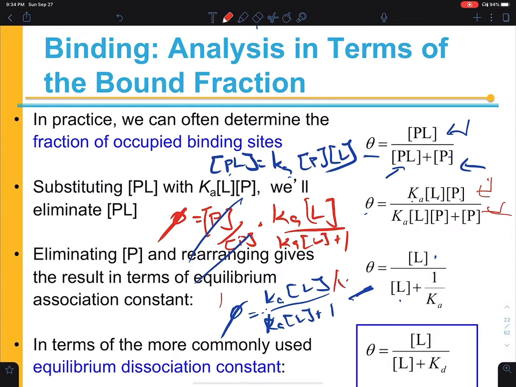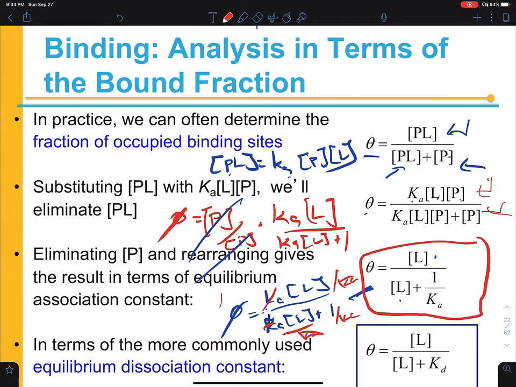So divide by Ka, and the Ka cancels in both places, and we're left with this expression: theta is equal to L over L plus 1 over Ka. And remember, the inverse of the Ka is the Kd, and so we can simplify this to theta equal to L over L plus Kd, right?